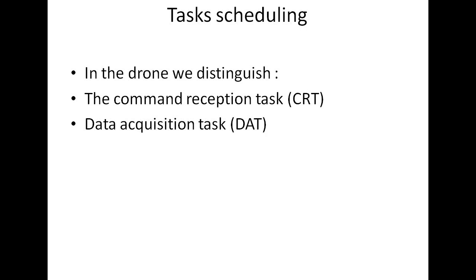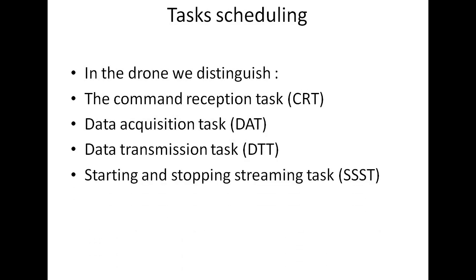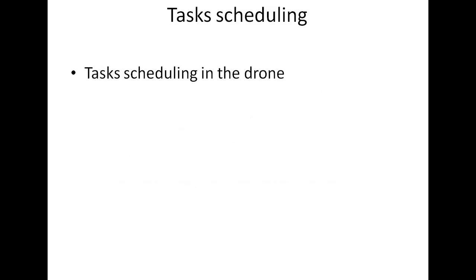The second priority goes to the data acquisition task. The third priority goes to the data transmission task. The lowest priority is for the starting and stopping of the streaming task.